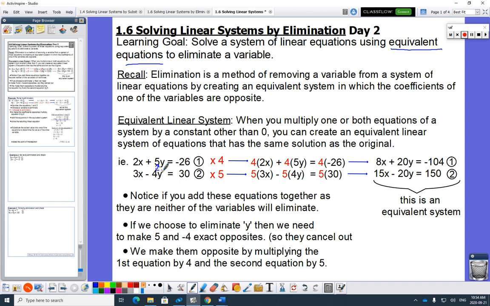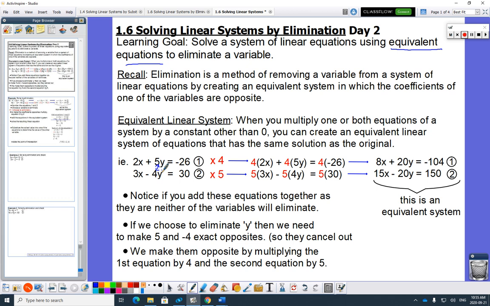Just like before, some people will write it out here, and their brain tells them that means you have to multiply every single term by 4, or you can write it like this. Put the 4 in brackets next to the equation, it doesn't matter. So if you can do this and get to this, or if you need this extra step in the middle, then do the extra step, okay?